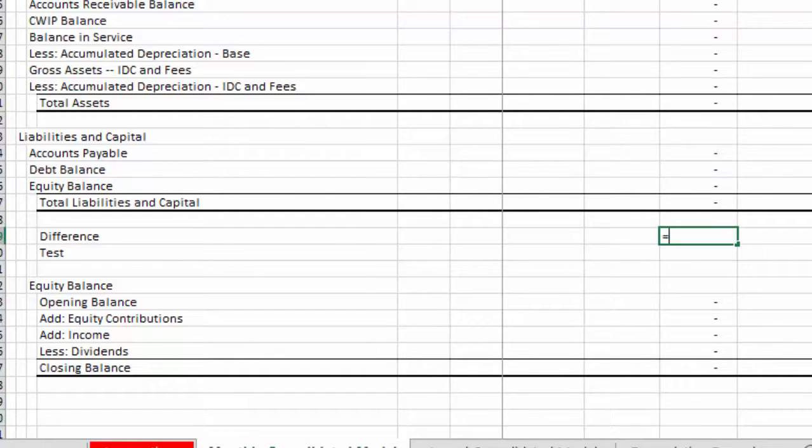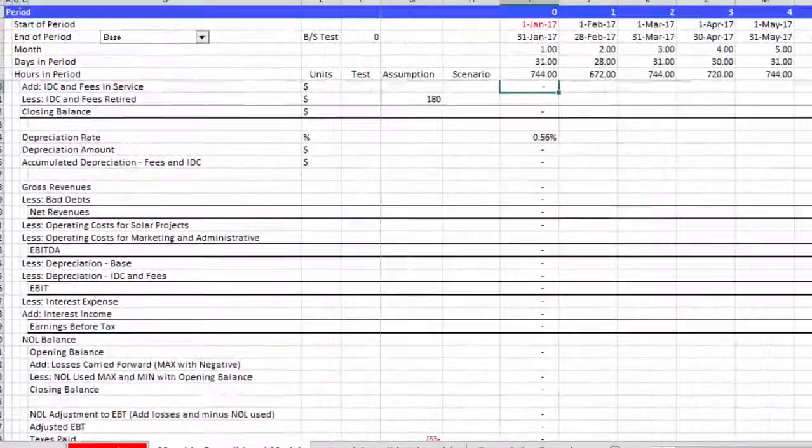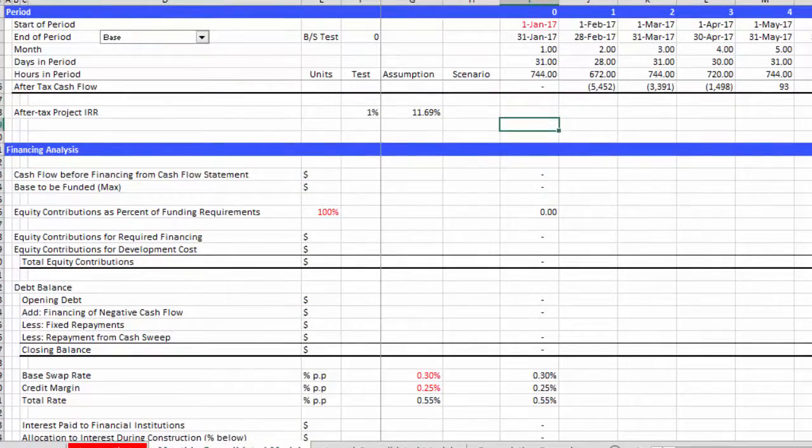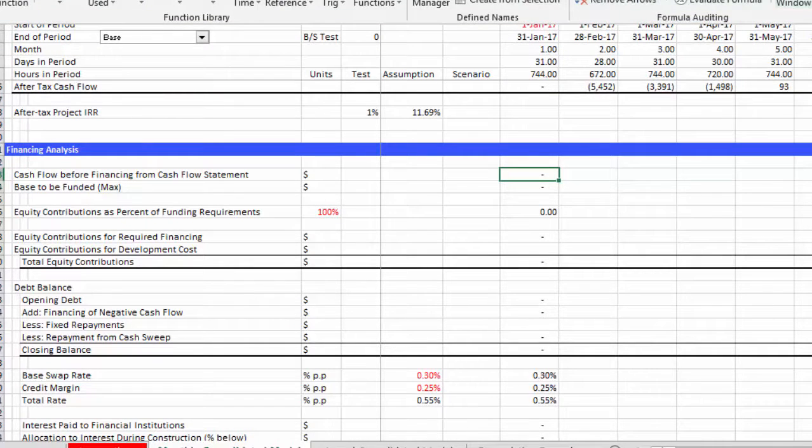Now, we can take the difference between the assets and liabilities and put some kind of thing to make this equal to 0. That won't work, by the way, because there'll be some rounding. There is always some rounding. Now, I certainly would have the calculation option set to still manual.